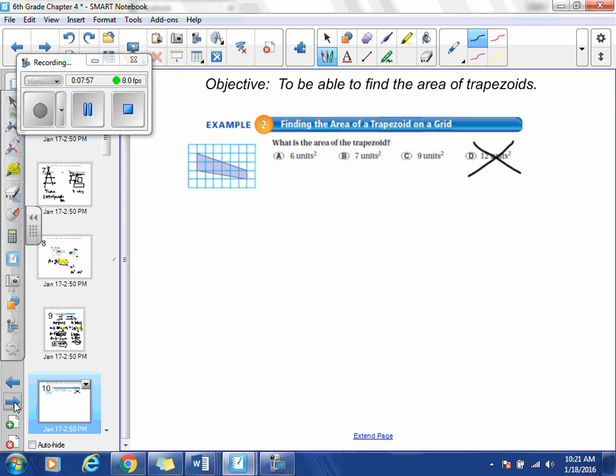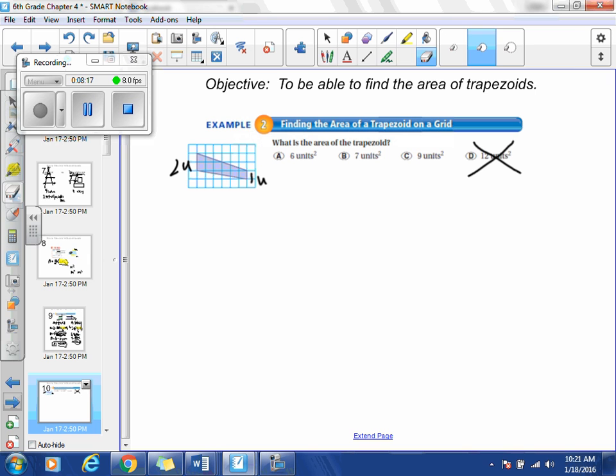So what I'm going to do is look for my parallel sides. Those are my bases. And this side is 1 unit. And this side over here is 2 units. Then I need to find my height.